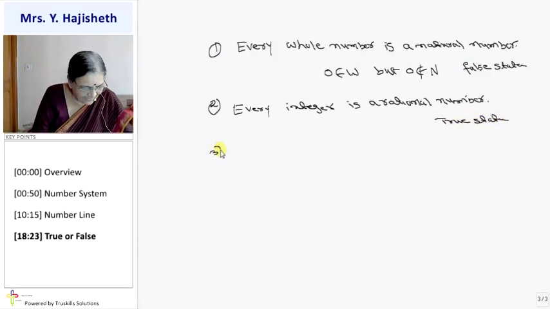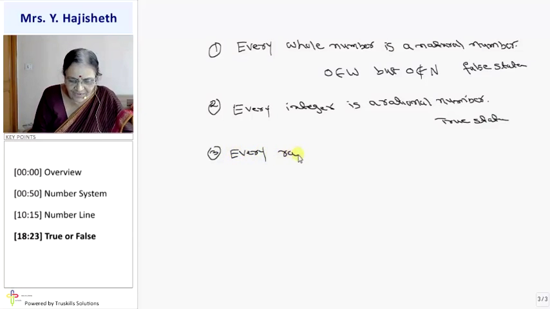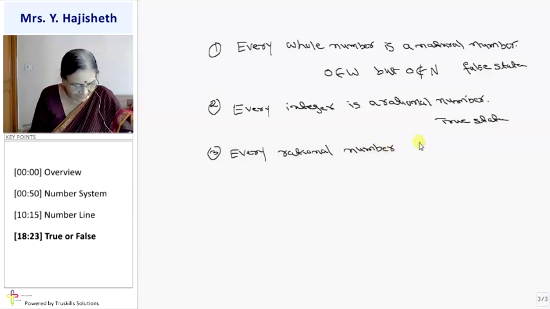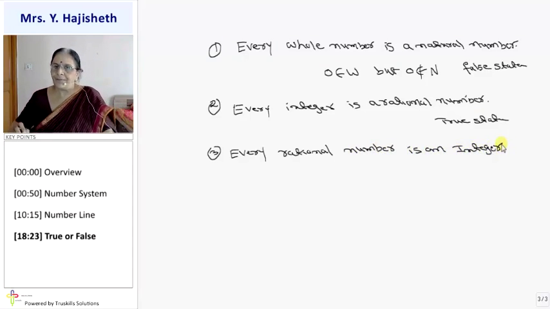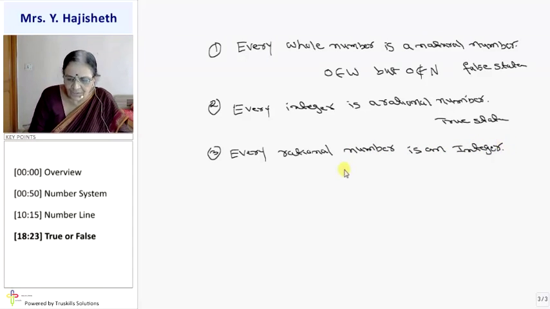Third question I am asking: every rational number is an integer. Suppose I take 2 by 3. 2 by 3 is a rational number, right?